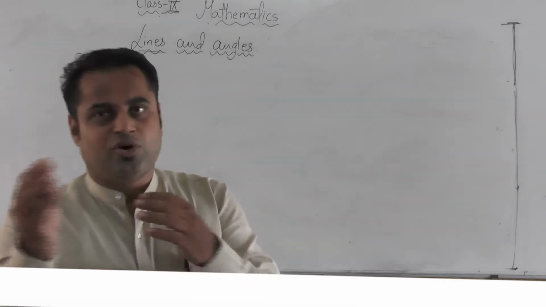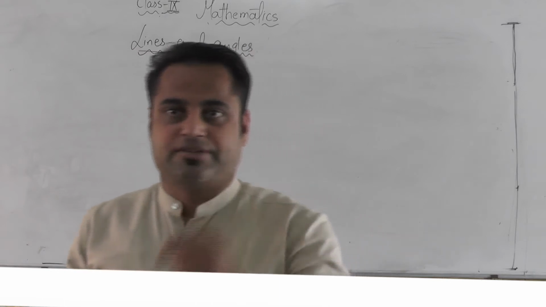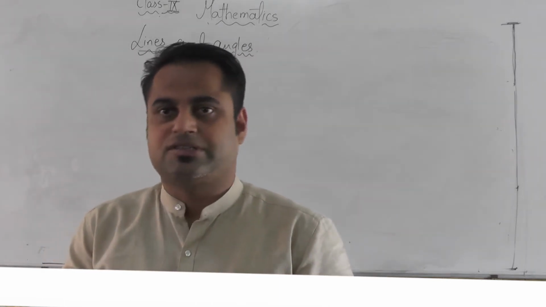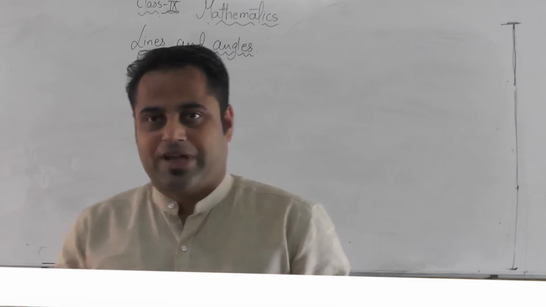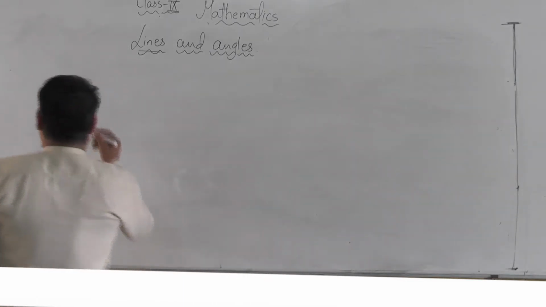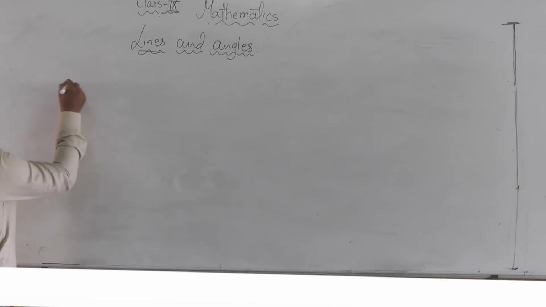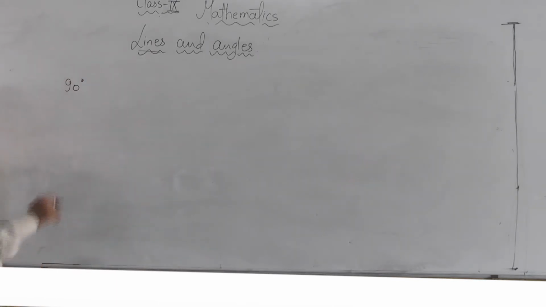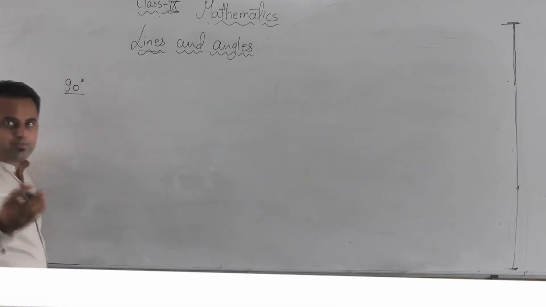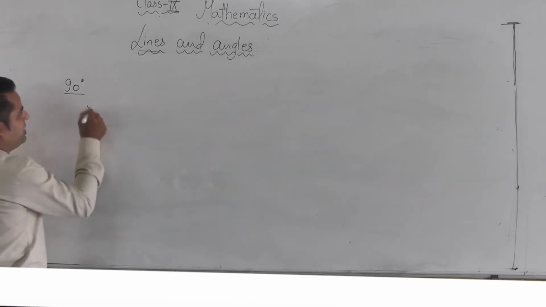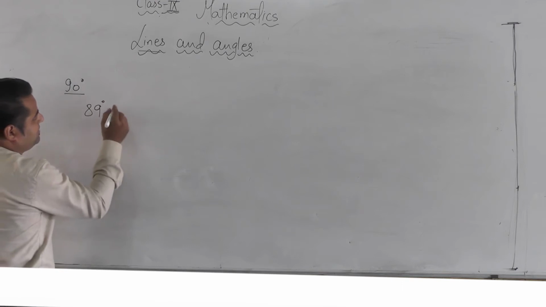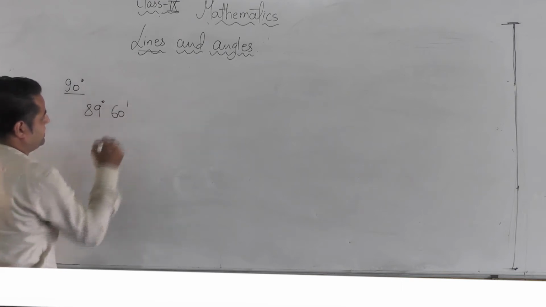Because the smaller unit of angle is the minute and the even smaller unit is the second. So minute and second, we all know, are units of time. Let's see. I could write the angle as 90 degree. But if I have to break it into smaller parts, then the part would be 89 degree and 60 minute.